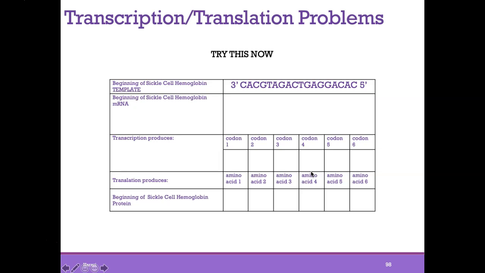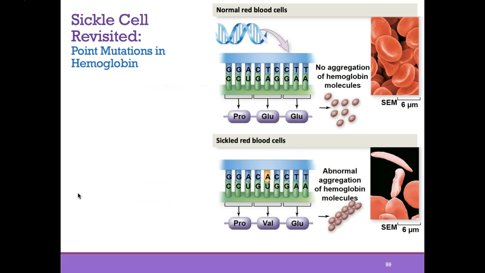And the reason why I want to show you this is because sickle cell anemia is a very good example of how just one change in the DNA code can affect the entire protein. Right? And we'll talk more about this next. So I want you to look at this sequence for hemoglobin. This is a portion of the genetic code for hemoglobin, one of the proteins in our blood cells.